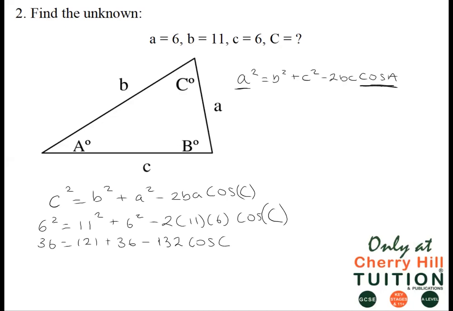cos of C. Now we can simplify this by collecting like terms. So 121 plus 36 is 157 minus 132 cos of C. Now, let's try and make cos of C positive. So let's add 132 cos of C to both sides.